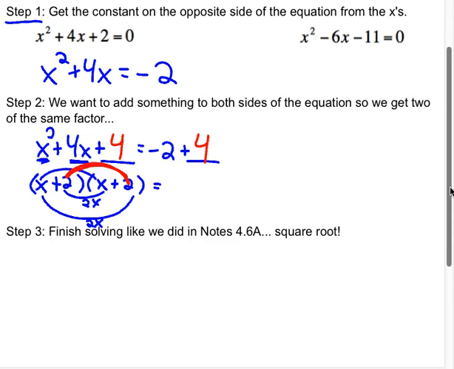Okay, and hopefully you are convinced that x squared plus 4x plus 4 does in fact factor into x plus 2 times x plus 2. Okay, you can check that. And then over here, negative 2 plus 4, that just becomes the number 2. So let's look at what I've done here. What I've done is now I have x plus 2 quantity squared equals 2.